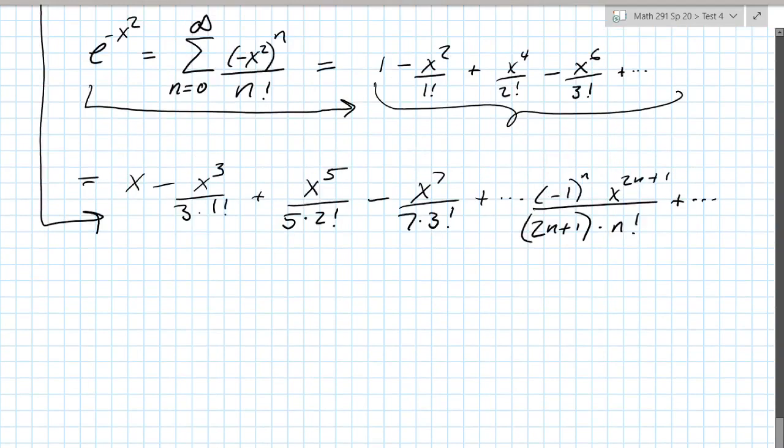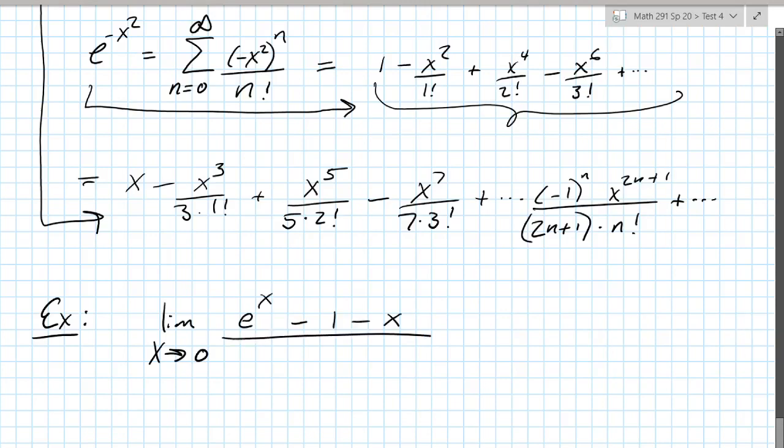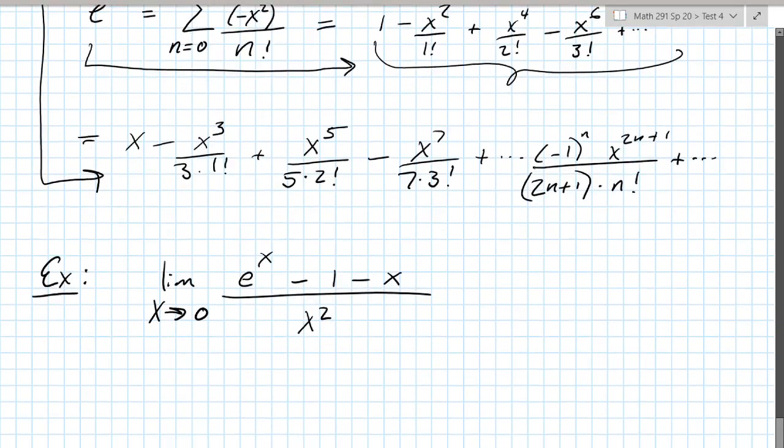Here's another example of using series to solve a problem. If we have this limit, and we want to evaluate this, probably what you're thinking is, this kind of looks like L'Hopital's rule.